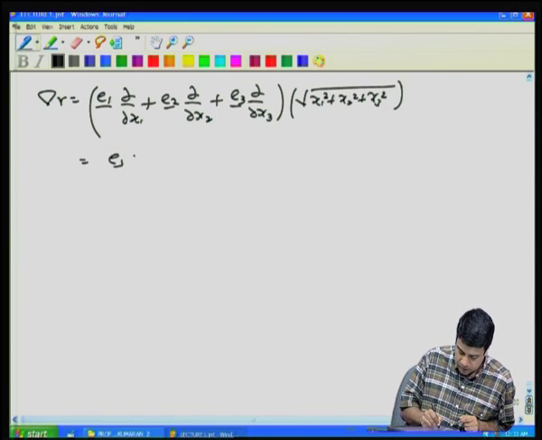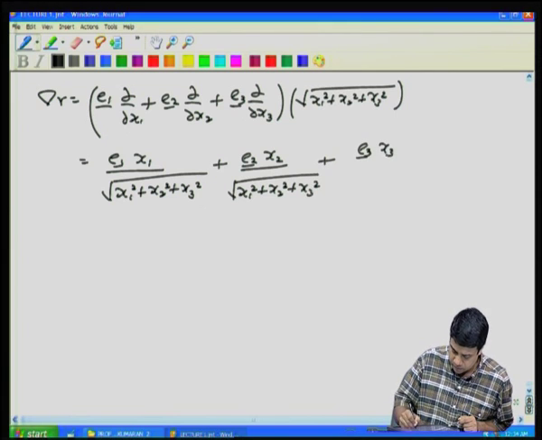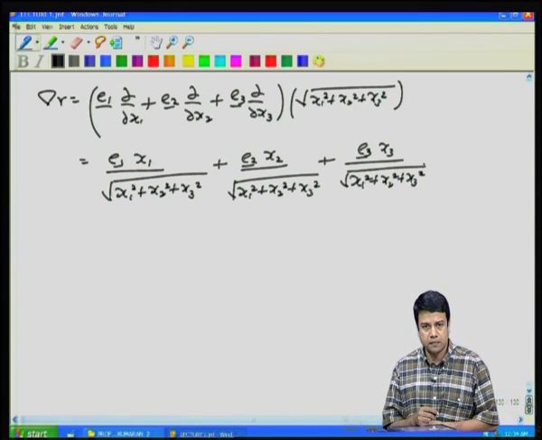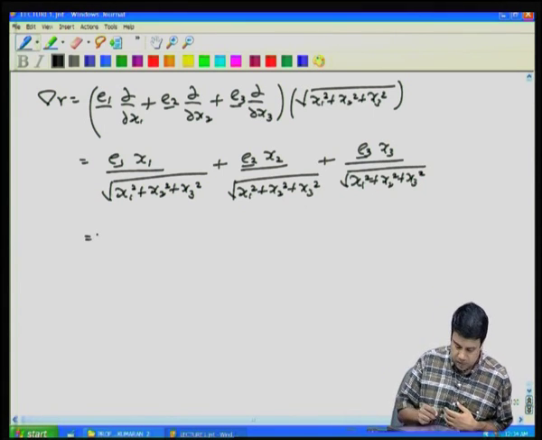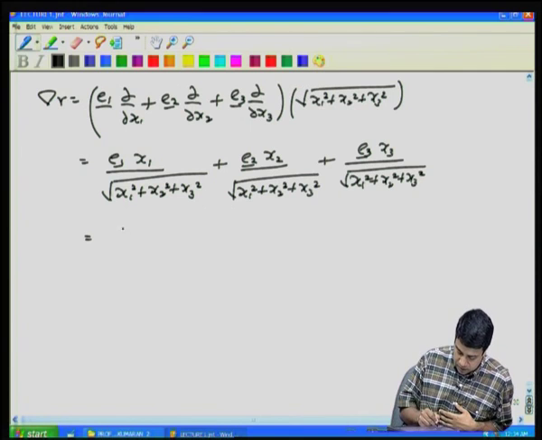This becomes e1 x1 by root of the same plus so on. So, I can write this, since the square root of x1 square plus x2 square plus x3 square is just r, as the summation of e_i x_i by r.